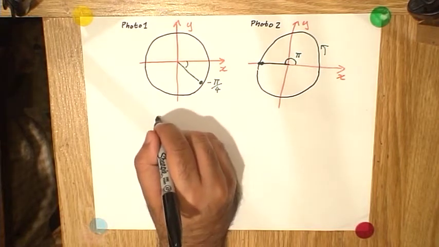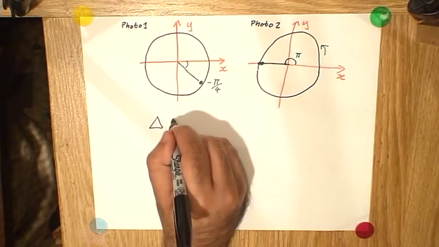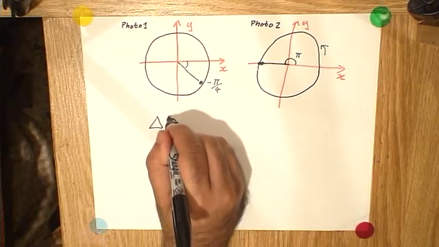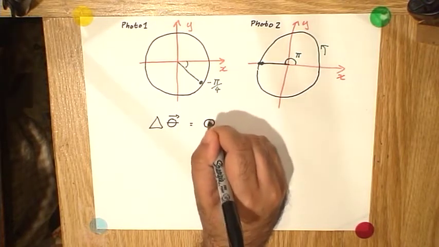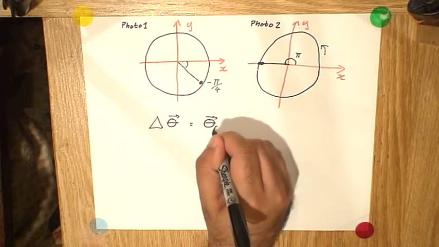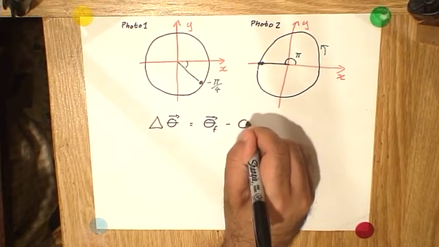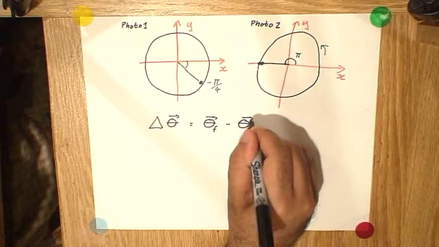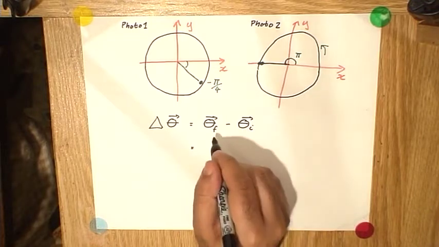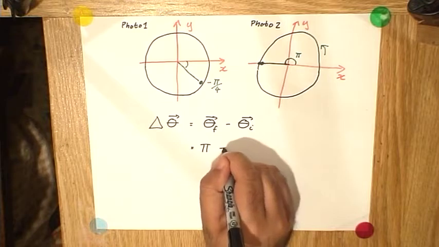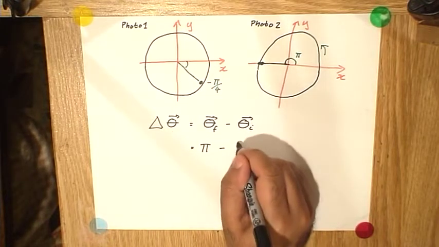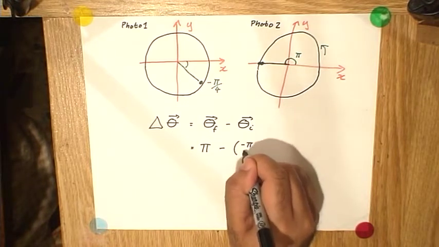So, angular displacement, which is symbolized by delta theta, it is a vector, is equal to final angular position minus initial angular position. That is equal to final position, pi radians, minus initial position, which was negative pi over 4 radians.